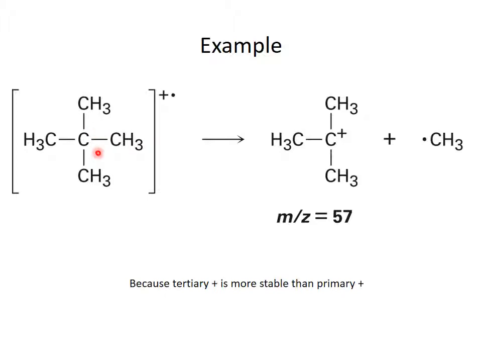Well, really, the question you ought to ask is, where would I find the carbocation to be more stable? Here on this carbon or here on this carbon? Because tertiary has so much greater stability than primary, I'm going to put my carbocation on this carbon and my free radical there. And then I expect to see a large peak for this mass. Why? Because tertiary is more stable than primary.